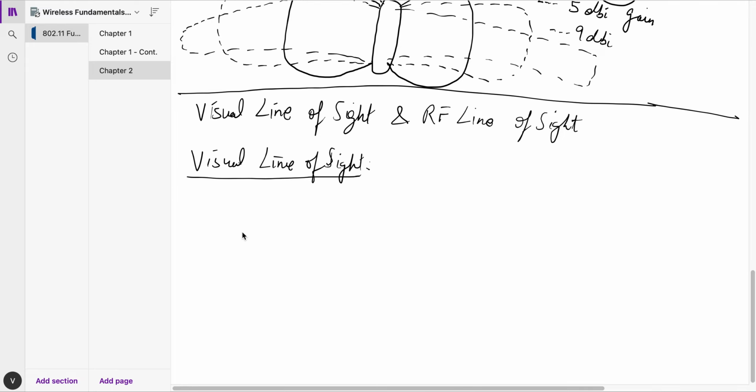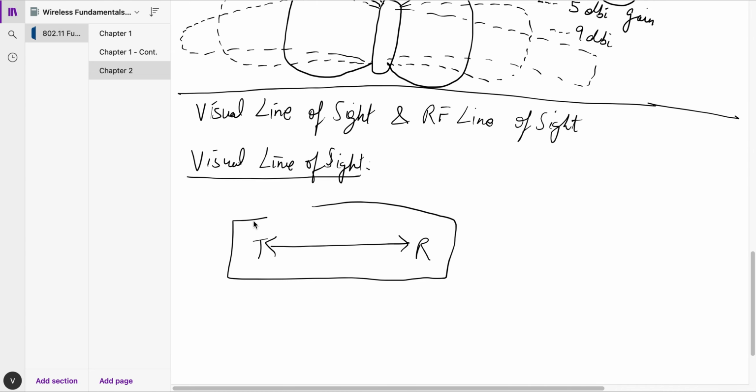now when we have communications happening, this usually makes more sense in outdoor communication. Of course, in indoor communication also you need to make sure that the visual line of sight from a transmitter to a receiver is quite clear. Okay, there should not be anything in between.